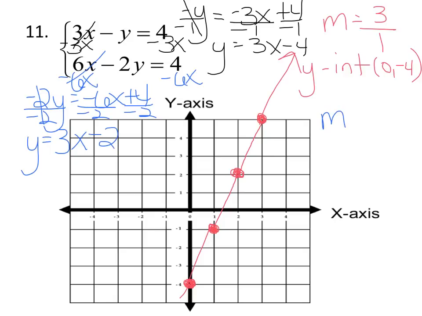So my slope in this case is 3 over 1, and my y-intercept is 0, negative 2, which is here. I'm going to go up 3 over 1, up 3 over 1, connect my lines.